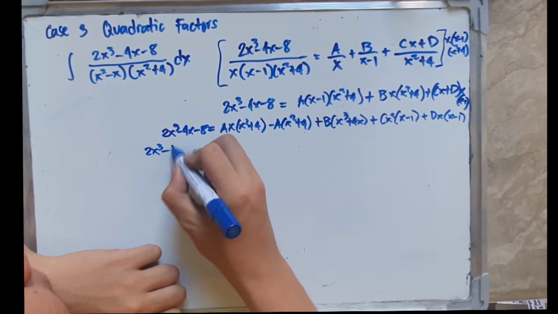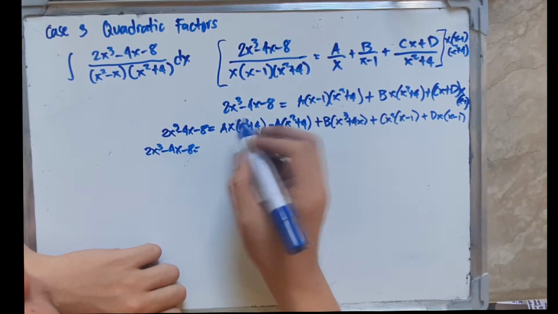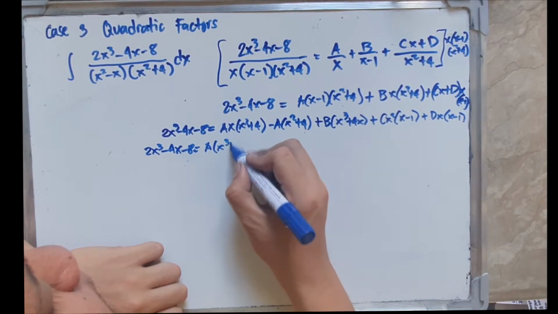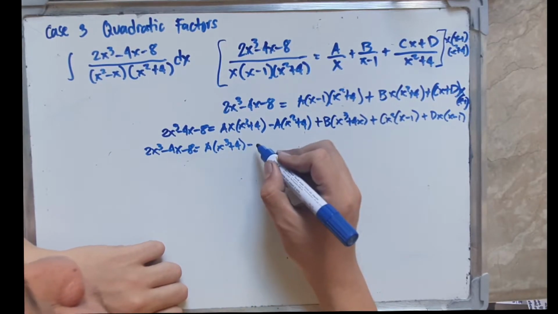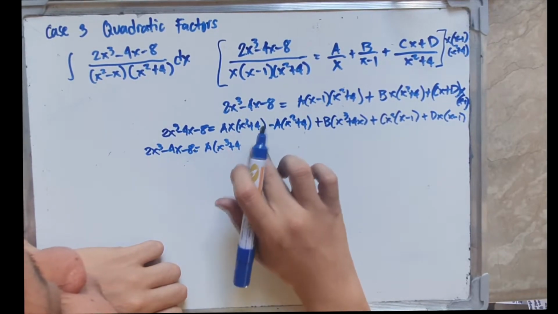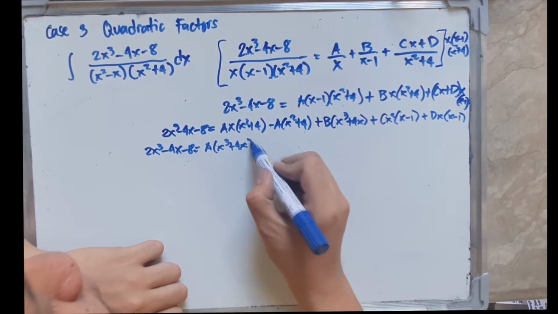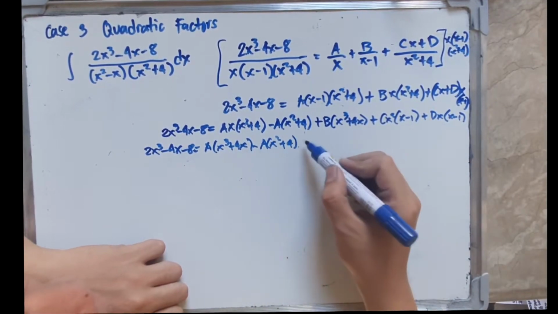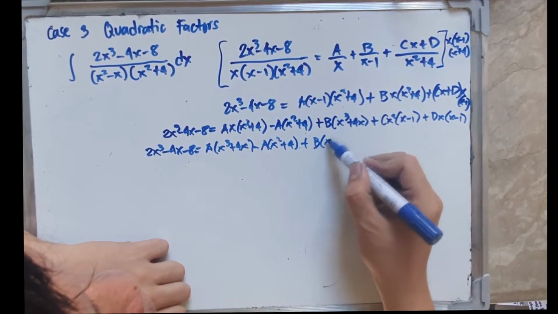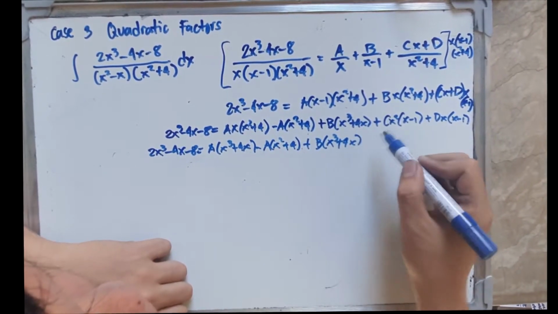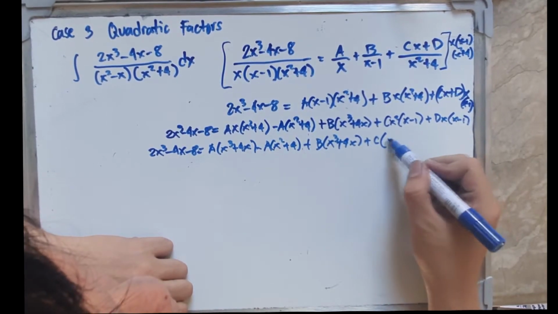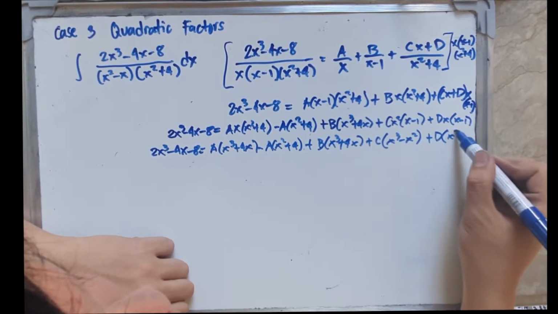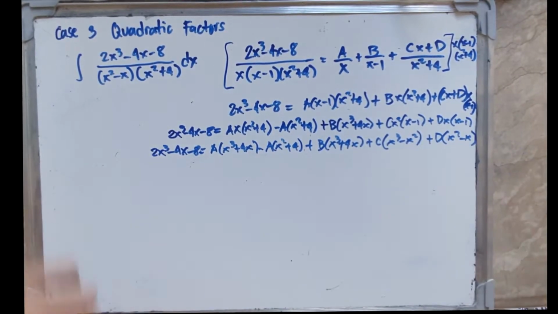2x cubed minus 4x minus 8. A, we have x cubed plus 4x minus a x squared plus 4 plus b x cubed plus 4x plus c x cubed minus x squared plus d x squared minus x.